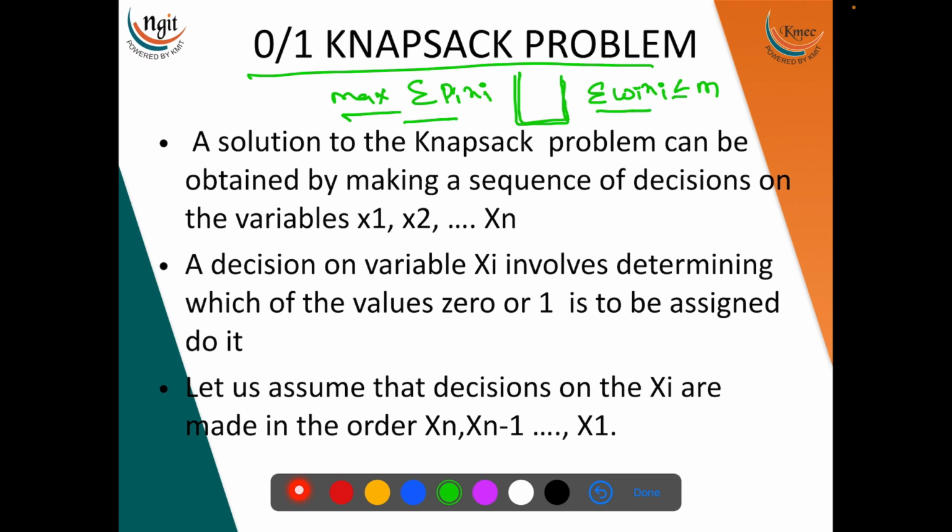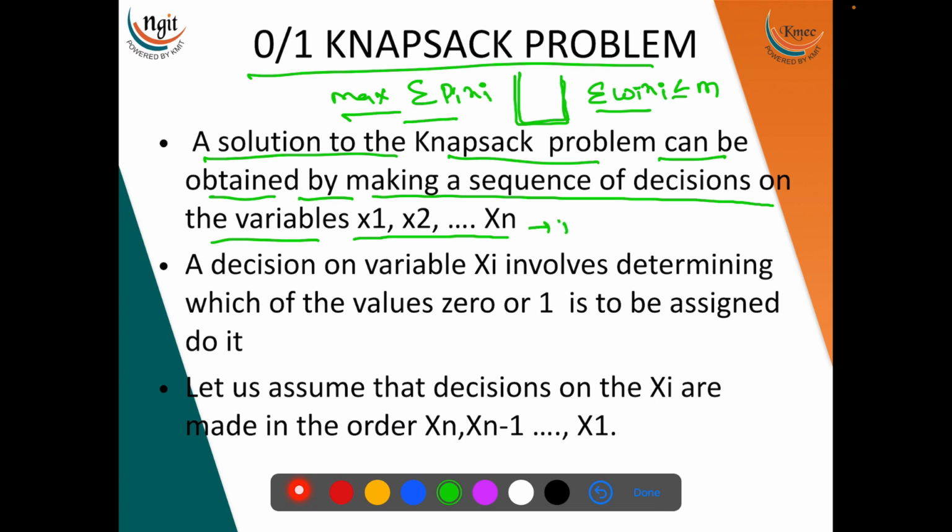A solution to the knapsack problem can be obtained by making a sequence of decisions on the variables x1, x2 up to xn. These are the items that I want to place in the knapsack, or in the container. As far as the dynamic programming approach is concerned, we will take a sequence of decisions.